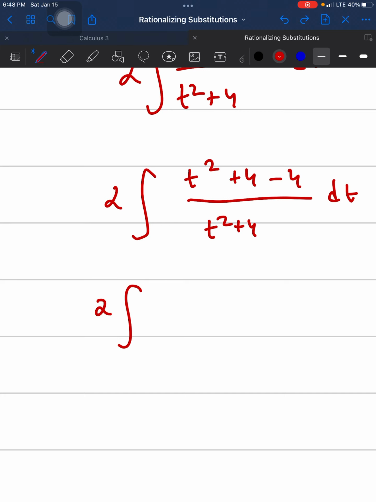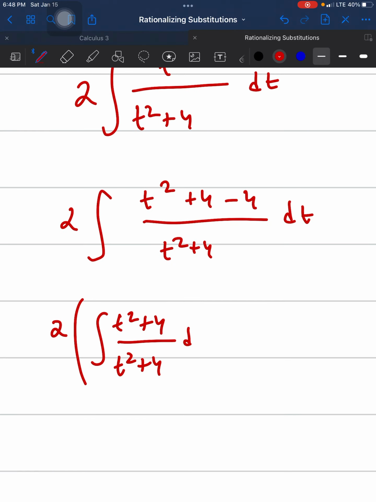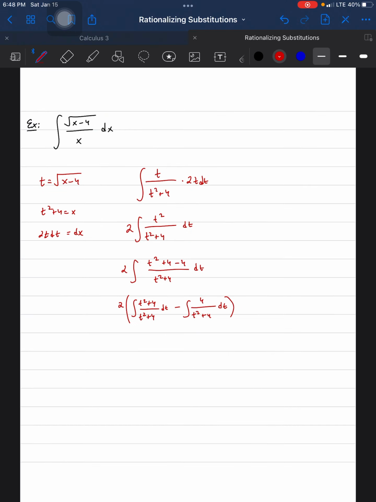So this 2 is going to be on the outside, and we're splitting the integrals. So let's make parentheses: the integral of t squared plus 4 over t squared plus 4 dt, minus the integral of 4 over t squared plus 4 dt.